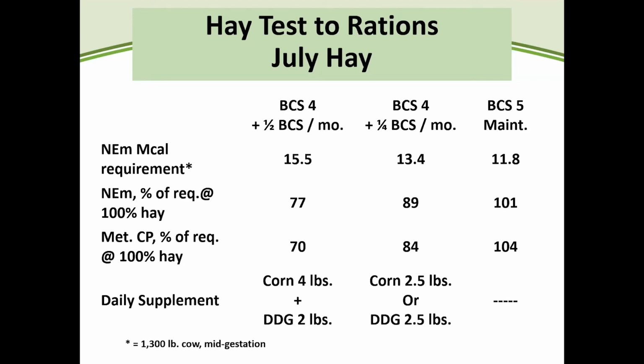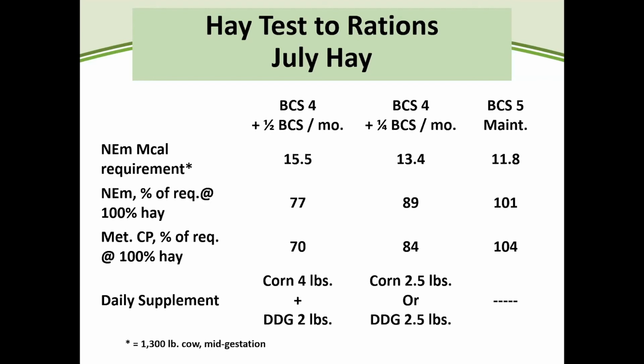As I move to the right, to the middle column, and I have more time in order to add that body condition, I still need to add some supplement, but it's not nearly as extensive, and it's a much simpler, easier kind of supplement to provide. Either 2.5 pounds of corn or 2.5 pounds of distiller's grains takes care of that nutritional hole.